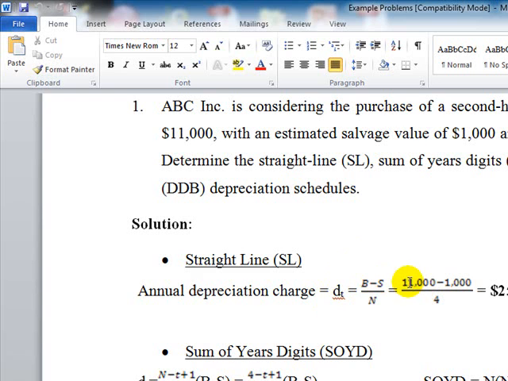So we can include those values here. B is 11,000. The microscope is costing the company $11,000 in the beginning, minus the estimated salvage value of the microscope, in this case $1,000 at the end of its useful 4 years, right?